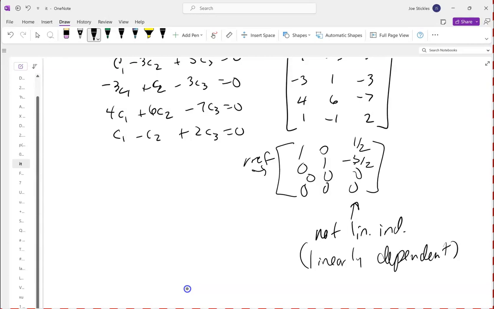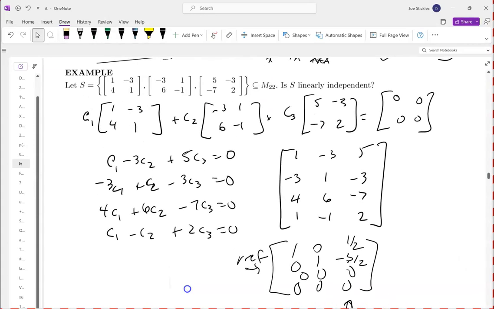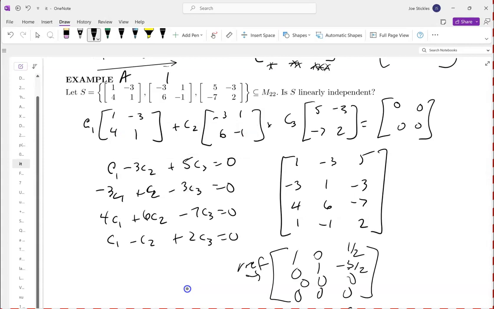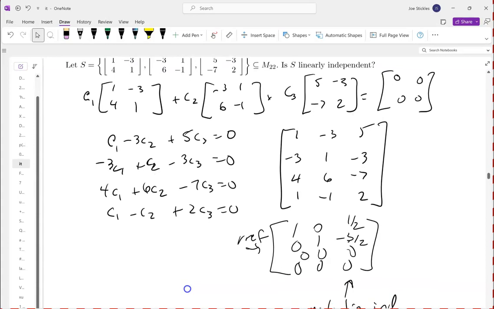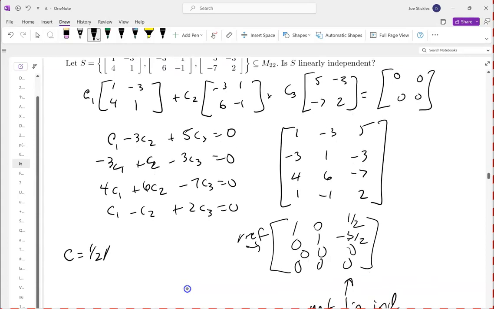The reason why we call it linearly dependent is because, looking at this, and we've had problems like this before, I can tell how to write the third matrix as a linear combination of the first 2. If you labeled your original matrices A, B, and C, just to give them names, then this tells me that C is equal to 1/2 of A minus 3/2 of B, just reading these coefficients off here.